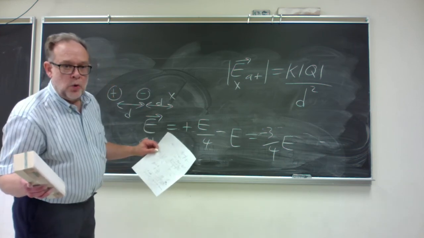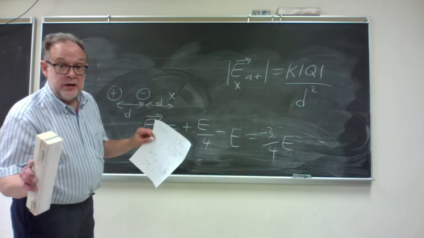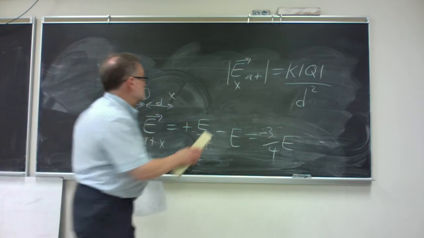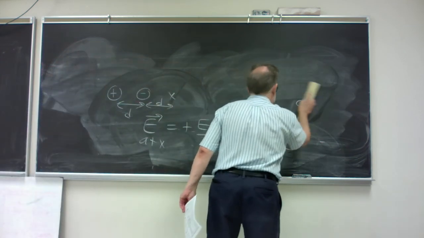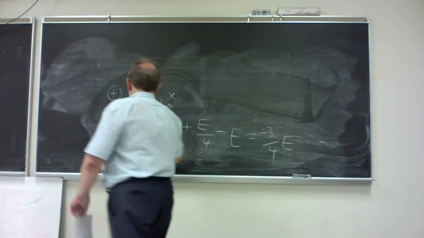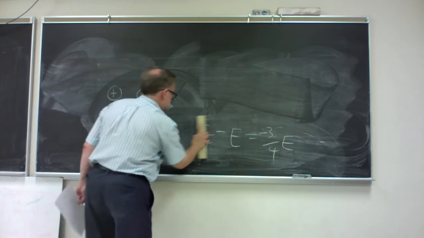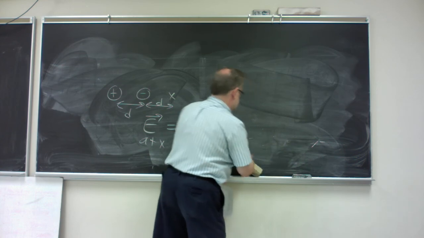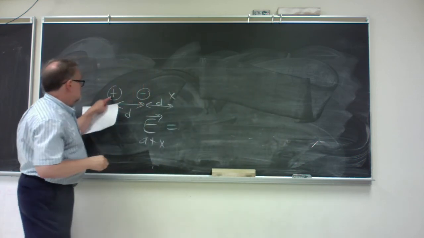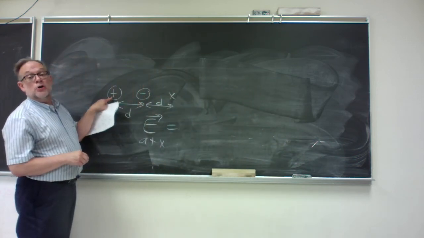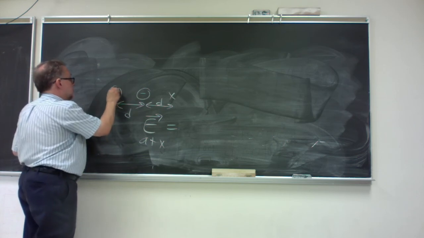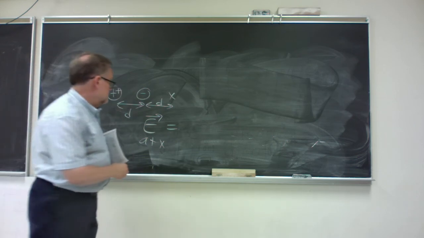Now, one more with just a very slight change. Let's take this same setup here. And now double the charge on the far away one. It's now 2 units of charge.